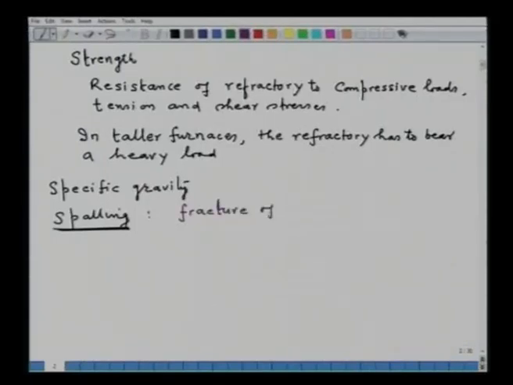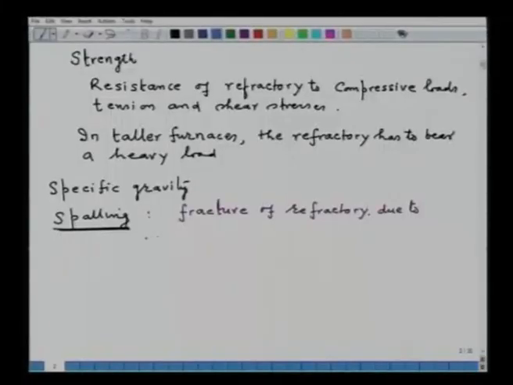Now, this fracture of refractory may occur due to one of the following reasons.